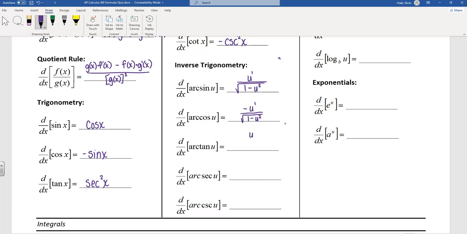Arctangent is u prime over 1 plus u squared. Arcsecant's one I don't know that I've ever seen a problem that involved this on anything released, but technically it could be there. U prime over absolute value of u times the square root of u squared minus 1. Arccosecant is the negative of this.